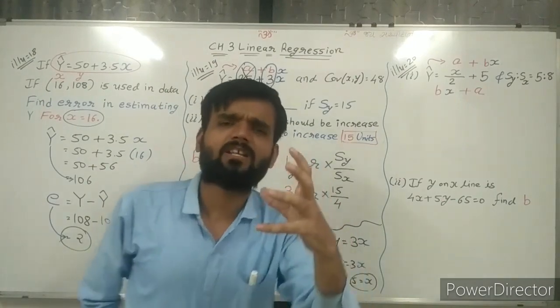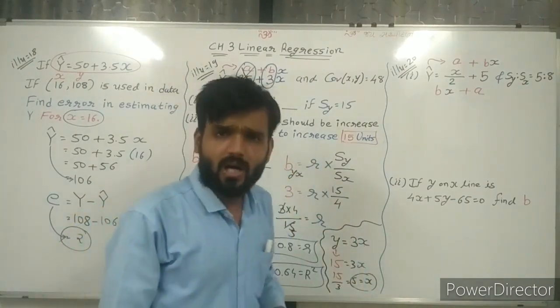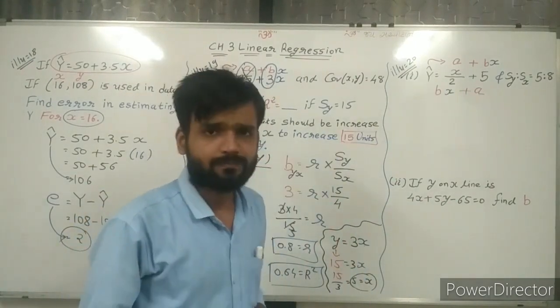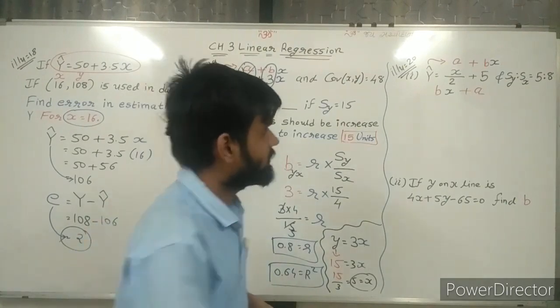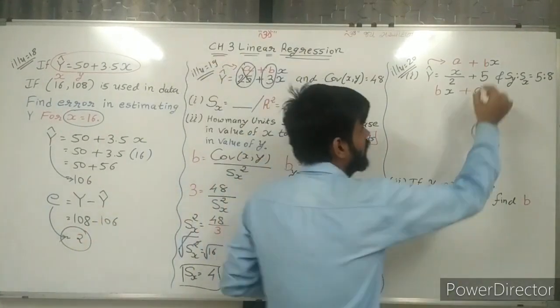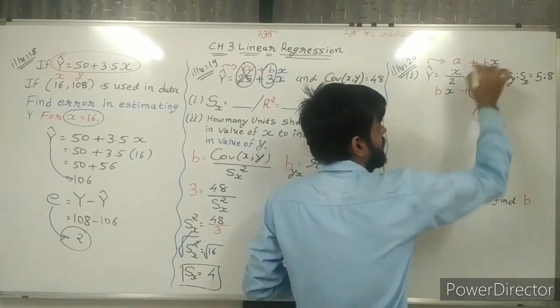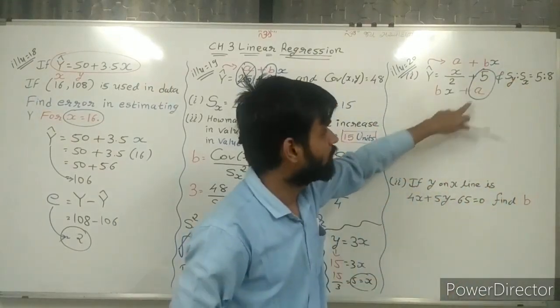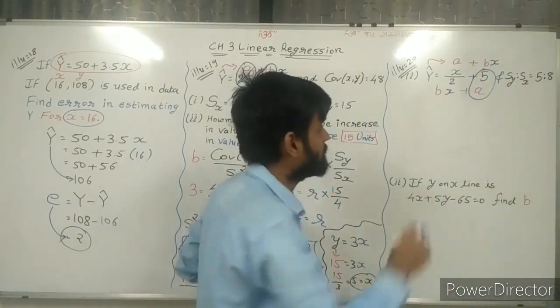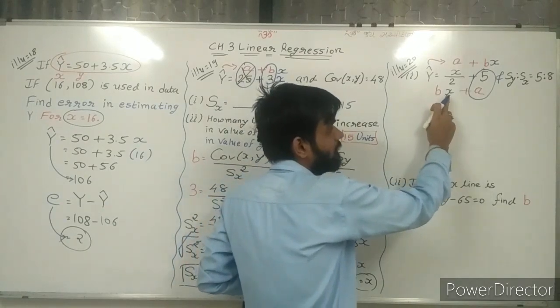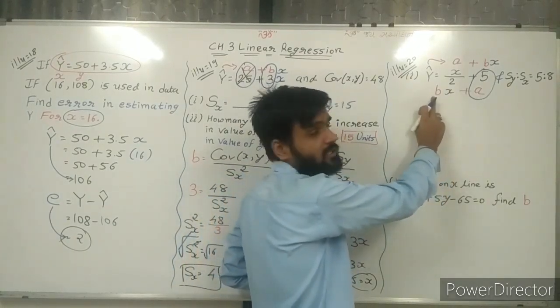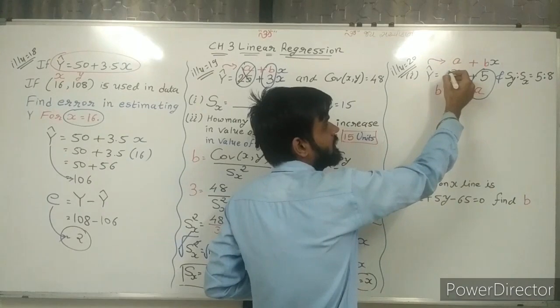Now again I can compare. Try to understand. On this basis, I can find the value of a. Sir, we know a is equal to 5. Now compare this with x. Coefficient is b. Sir, here with x what is given? Nothing is given.